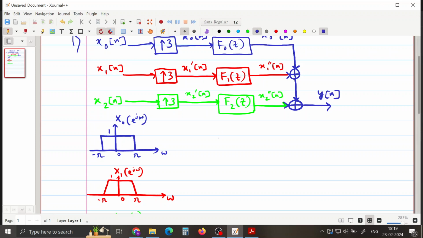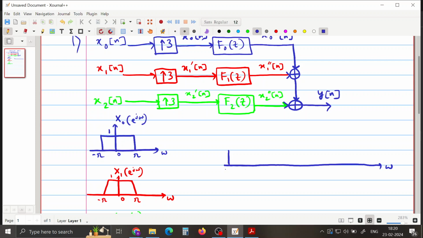So at first we have, I'll draw this omega axis. At first we have f2.